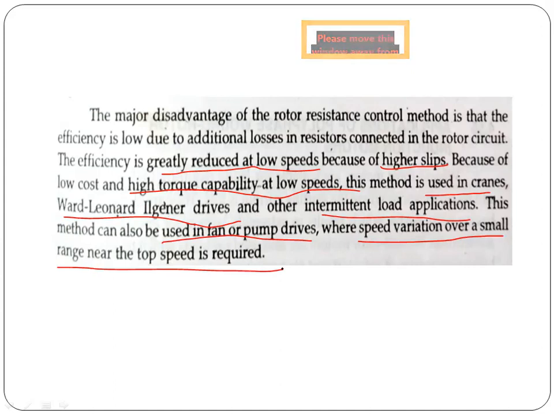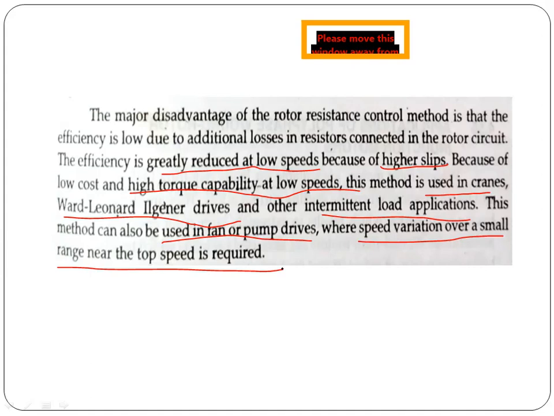So, although this method is very helpful and important for slip ring type induction motor, this method definitely has some disadvantage, and the disadvantage is that the efficiency is low due to the additional losses caused by extra resistances.